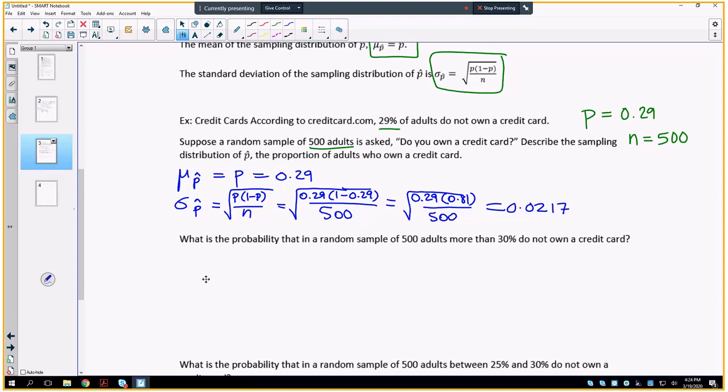Okay, I apologize, y'all. A little bit of technical difficulty there. But while I was working that out, I was able to notice that I made a mistake here. Hopefully some of you noticed as well. This should be the square root of 0.29 times 0.71, because 1 minus 0.29 is 0.71.